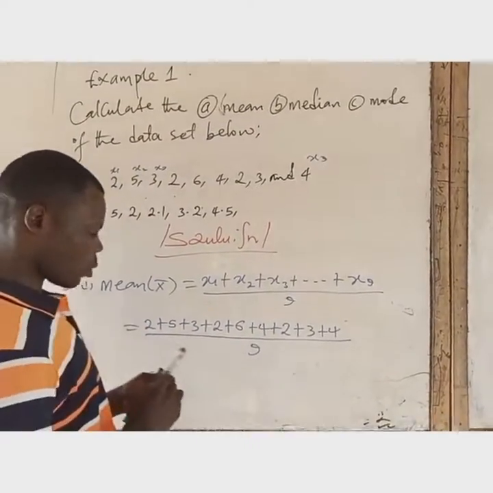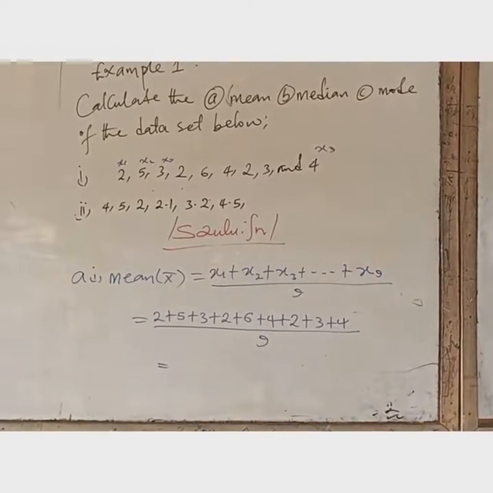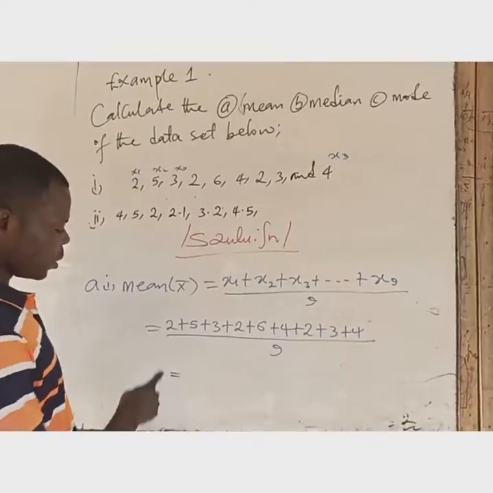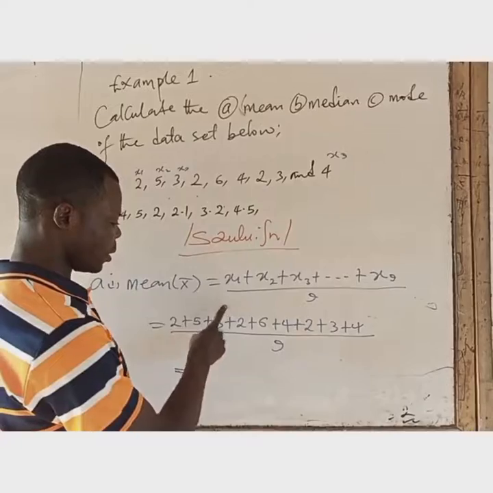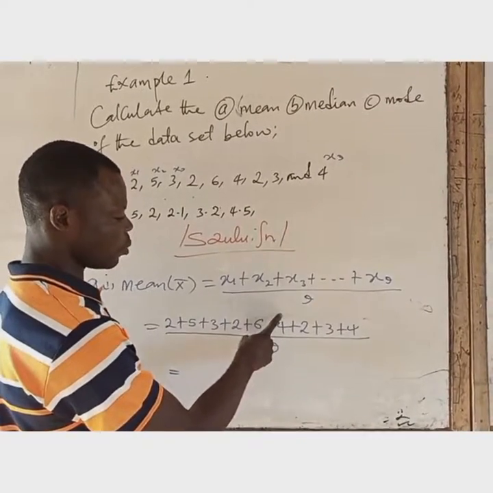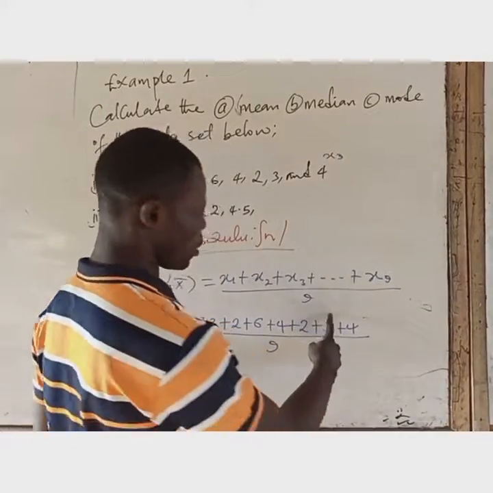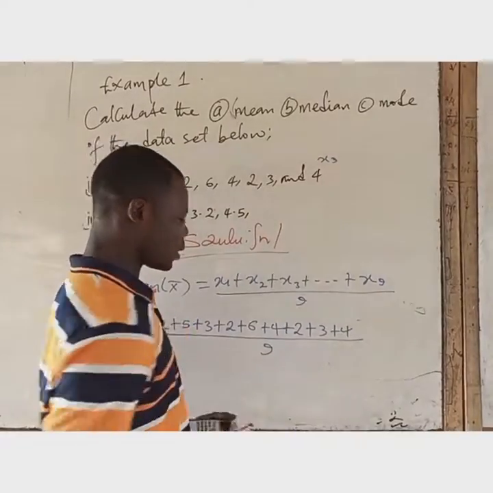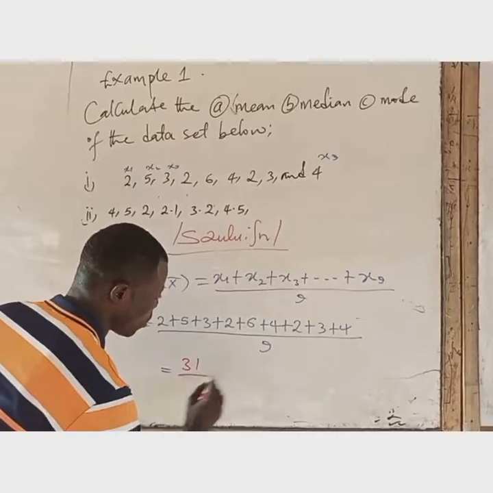We can use our calculator to add everything. So this is 7, 7 plus 3 is 10, 12, 18, 22, 24, 27, and 31. So it's going to be 31 all over 9.